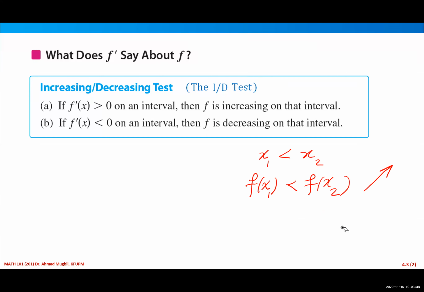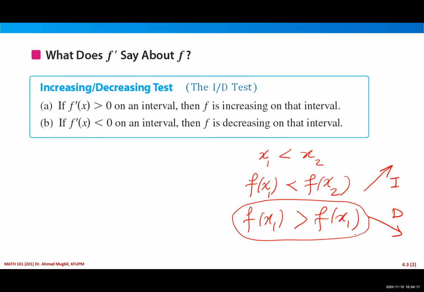But if the opposite is happening, if the value of the function at x1 is greater than at x2, it means that if x is increasing, y is decreasing. So in that case, we will say that this is decreasing. This is increasing. This is decreasing. Is that clear?